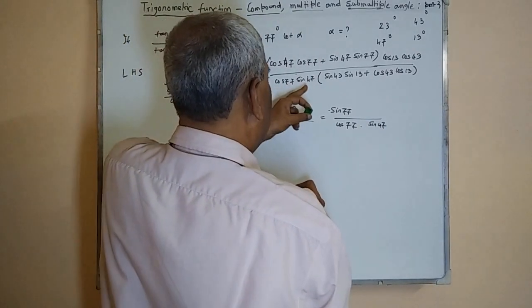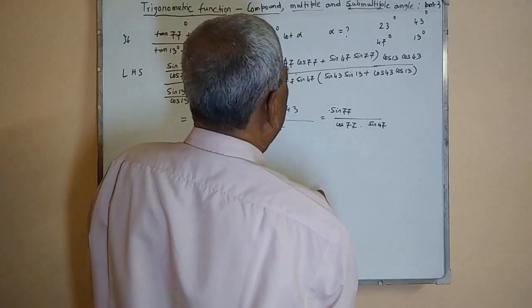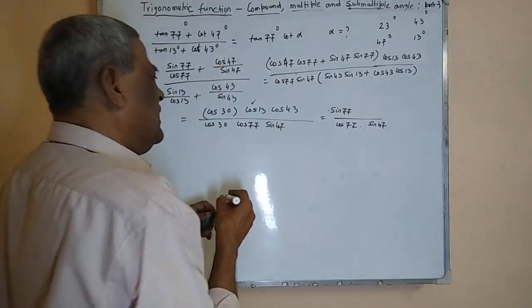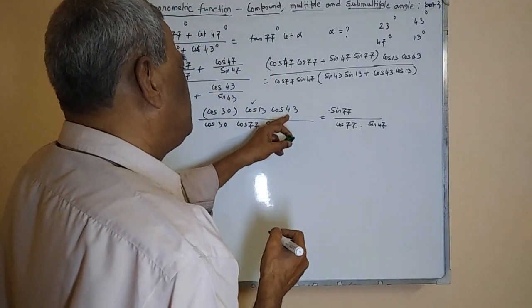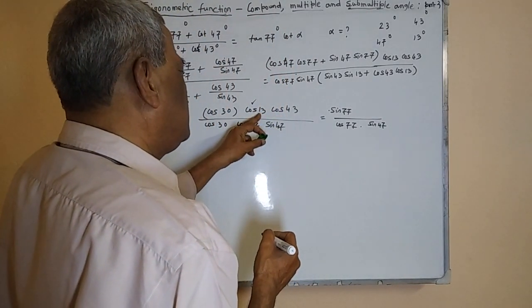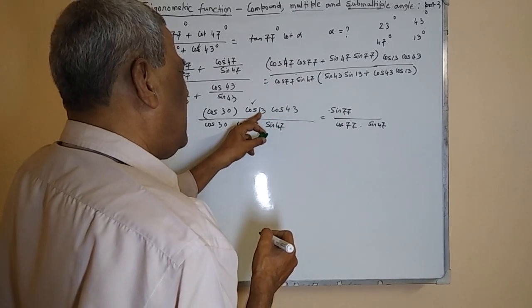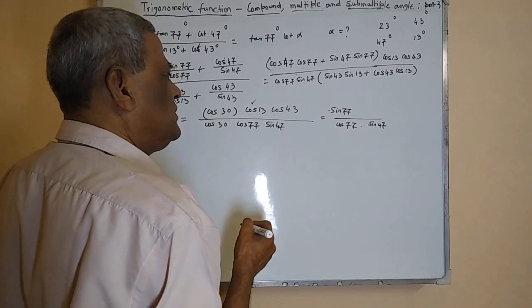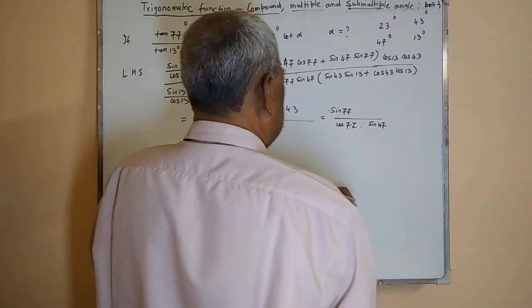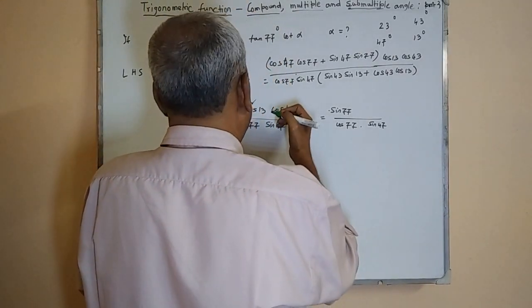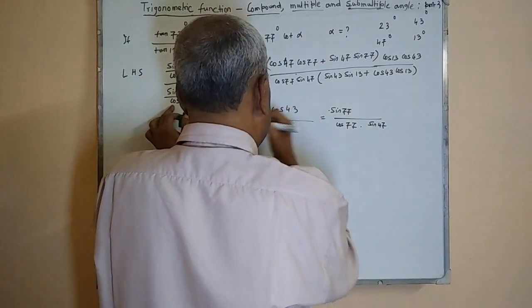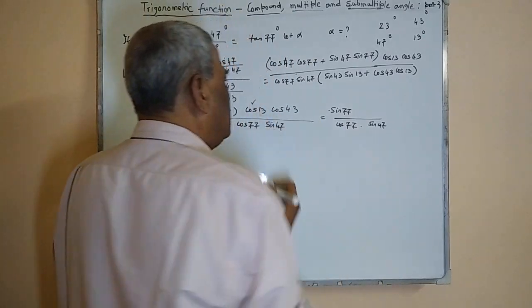This is sine 47. We have to find cot. This one is cos 43, cos 13.